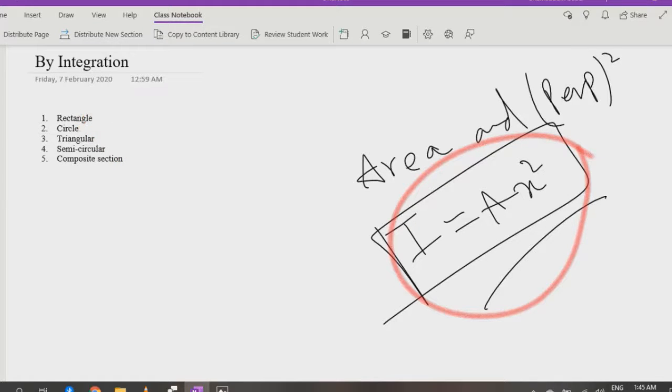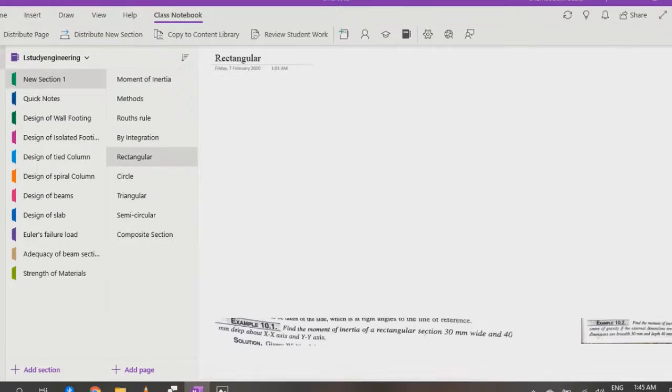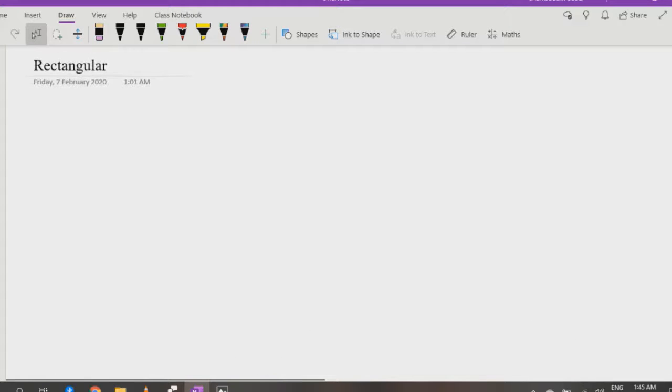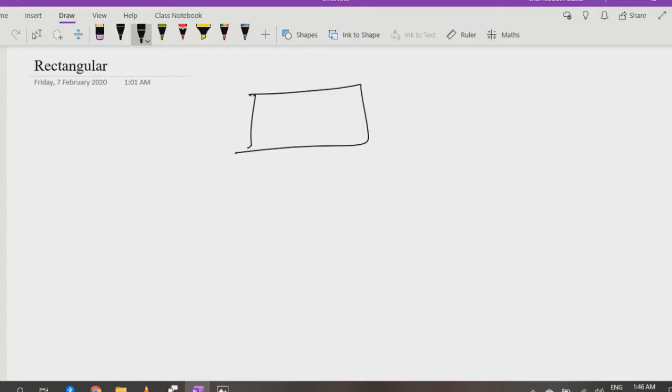So coming to our rectangular portion, the rectangular section. I have already told you, if we are finding the moment of inertia of any body, we usually find it with respect to an axis, meaning a line.